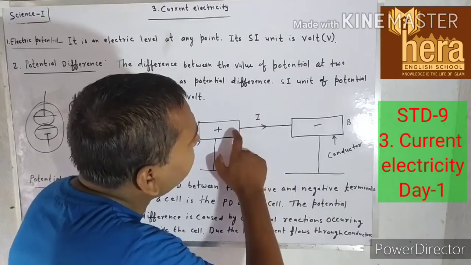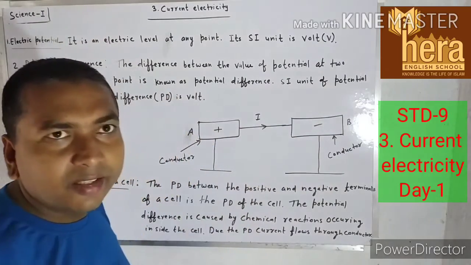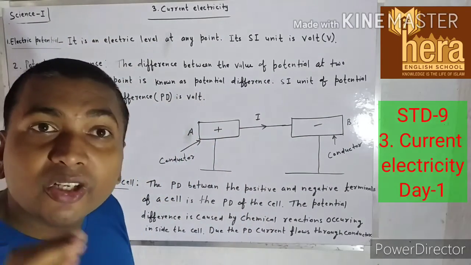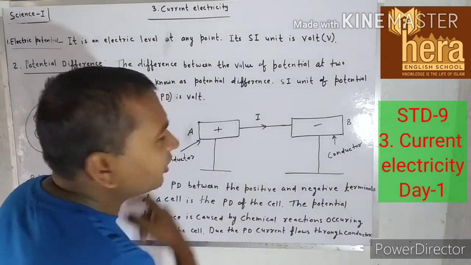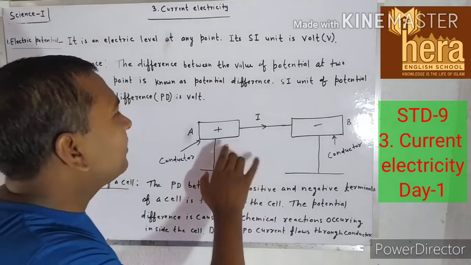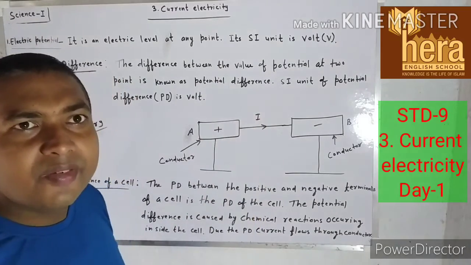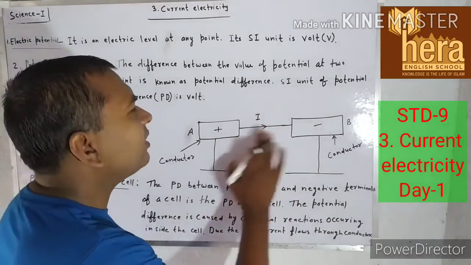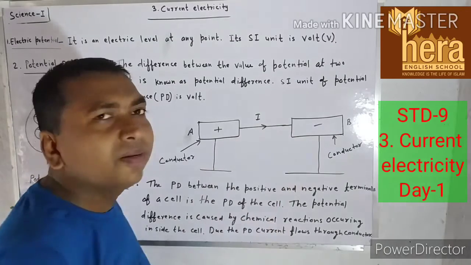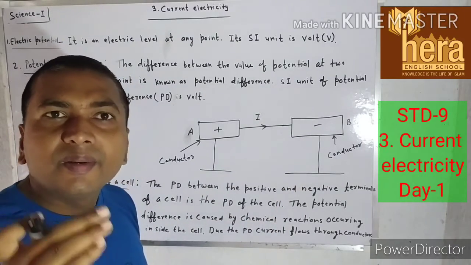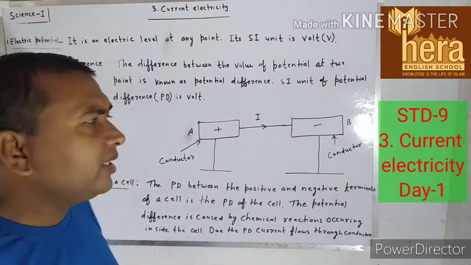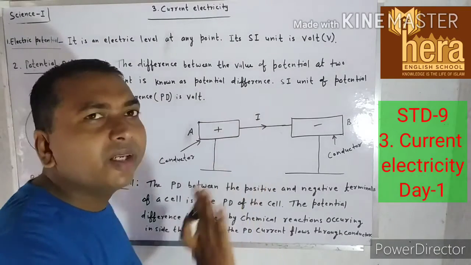The direction of current is in this direction, and the direction of electrons is in this direction. After some time, when the potential of both conductors becomes equal, there will be no current flow.